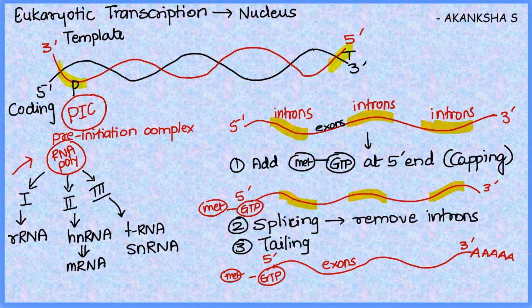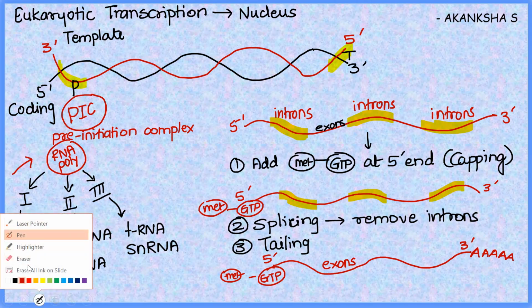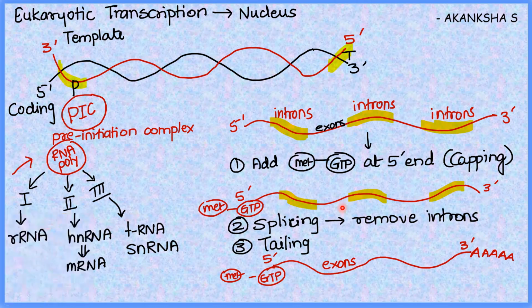What is the reason for these things to happen? Capping and tailing are required for one process. In the nucleus, there are endo and exonucleases, which are very notorious. They cleave any single stranded particles which are just roaming about. To protect our now mature mRNA from these nucleases, the enzymes that break down, we require capping and tailing.